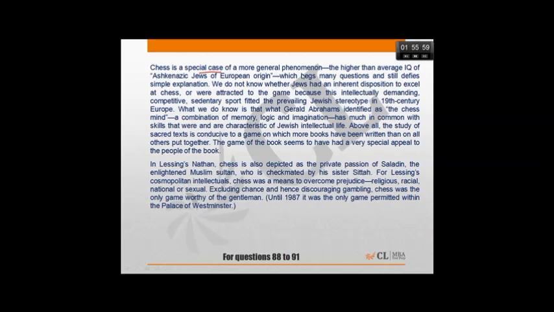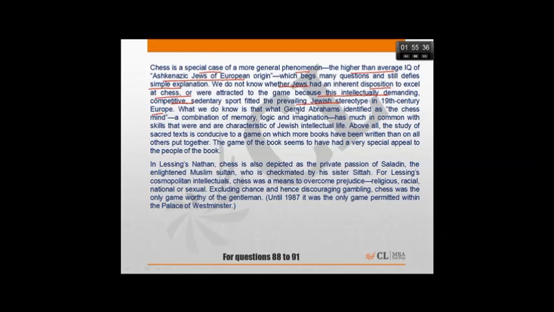Chess is a special case of more general phenomena: the higher than average IQ of Ashkenazic Jews of European origin, which begs many questions and still defies simple explanation. We do not know whether Jews had an inherent disposition to excel at chess or were attracted to the game because this intellectually demanding, competitive, sedentary sport fitted the prevailing Jewish stereotype in 19th century Europe.